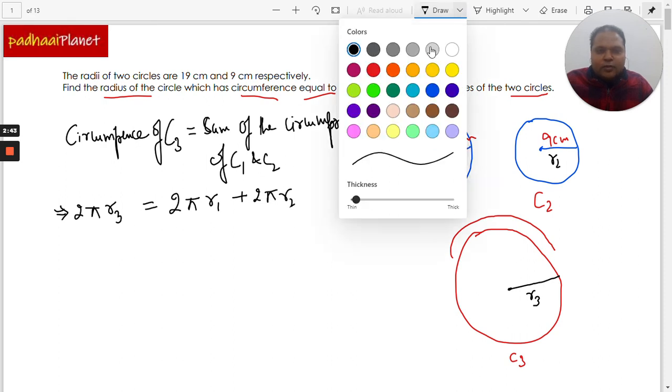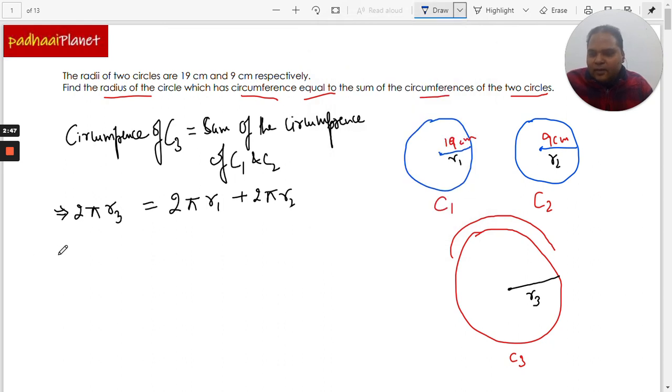Now let's start simplifying this. We can take 2 pi common, so 2 pi R3 is equal to 2 pi times (R1 plus R2).